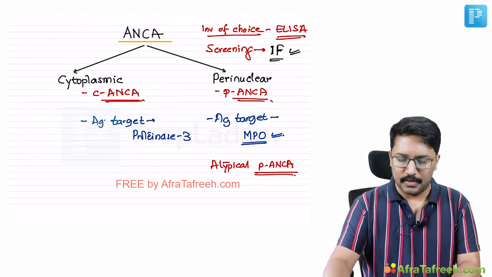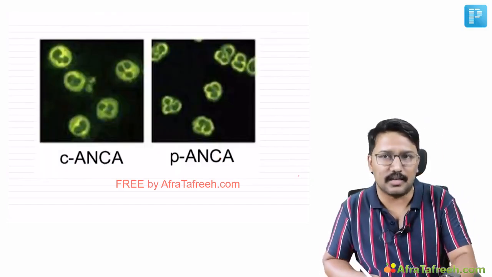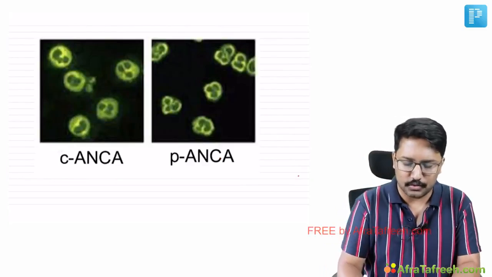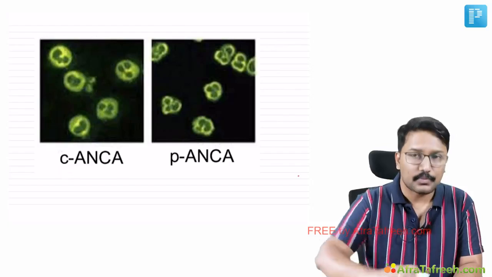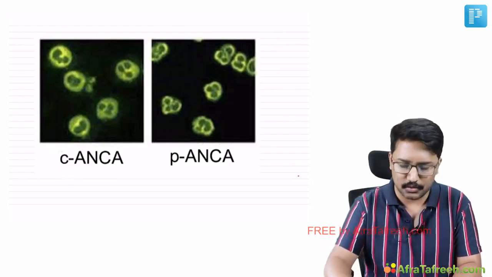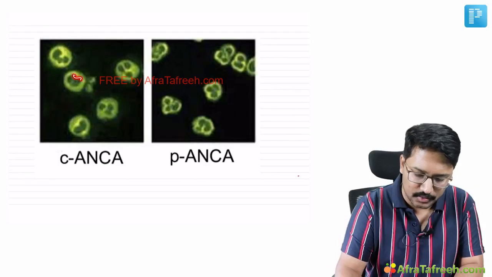Clear? Okay. Now, if they give you images of fluorescent staining, you should be able to identify whether it is C ANCA or P ANCA. As I have already told you, C ANCA means there is smearing of immunofluorescent activity on the entire cytoplasm. You can appreciate here, the nucleus is not fluorescent.